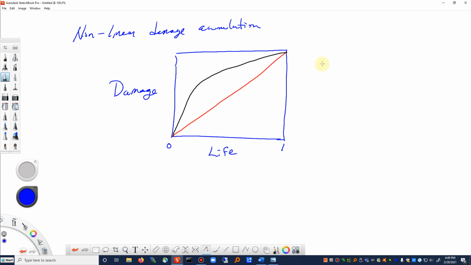In this case, one model for nonlinear damage accumulation is that the damage has another kind of material parameter in here that we need to fit. N is like the current number of cycles at some stress level. Capital N is the fatigue life at that stress level.